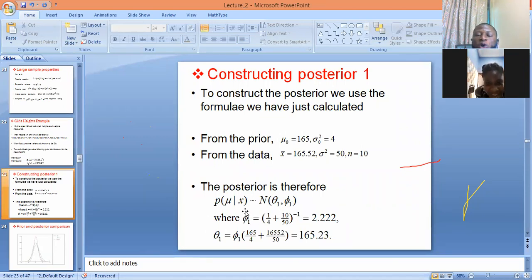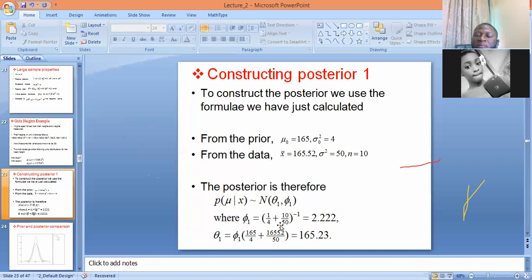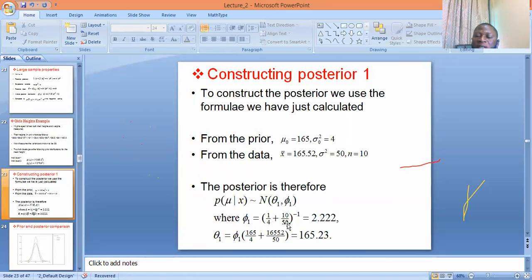We know that the variance is defined as 1 over the variance of the prior distribution plus the number of data points divided by the variance of the data.